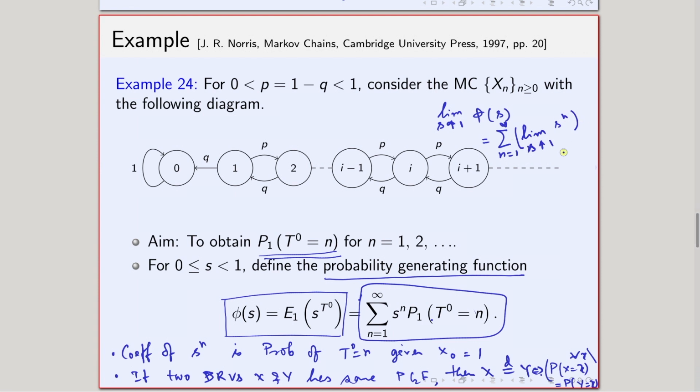This limit is only on this part, because the rest does not depend on s. So this part is 1. This is nothing but the summation from n equals 1 to infinity of P1(T0 = n), which is the same as P1(T0 < infinity), since I am summing over T0 = 1, T0 = 2, T0 = 3, and so on.